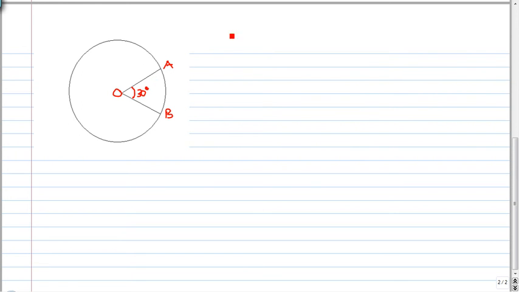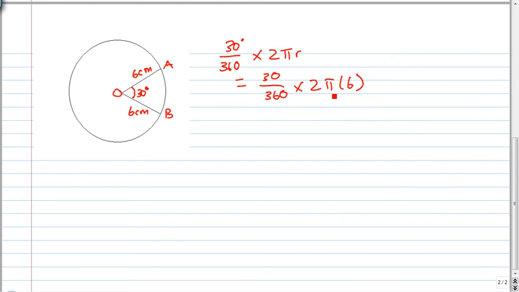If you want to find arc length AB, all you have to do is take 30 over 360 times 2 pi r. Let's say the radius of the circle is 6 cm. O to A is actually the radius of the circle. So 30 over 360 times 2 pi times 6.